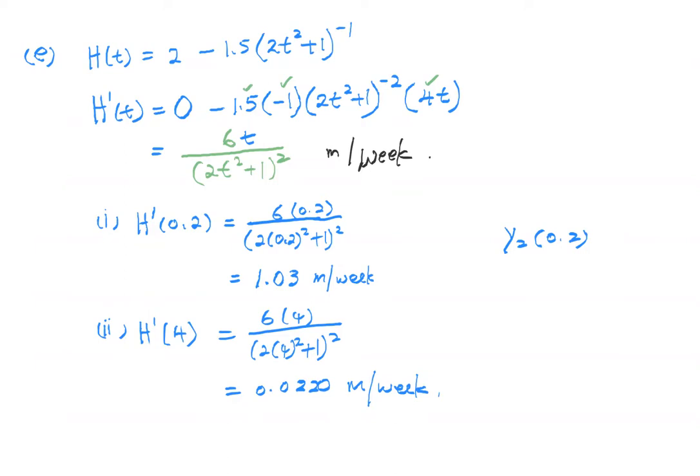Show that H prime T is always greater than 0. Okay, so I want to go to part F already. Part F, the one you can check the answer. I got my H prime T equal to 60 divided by 2t squared plus 1 squared.